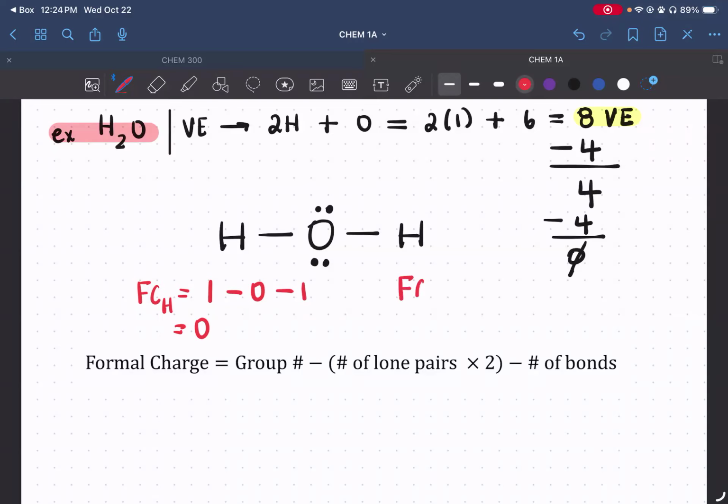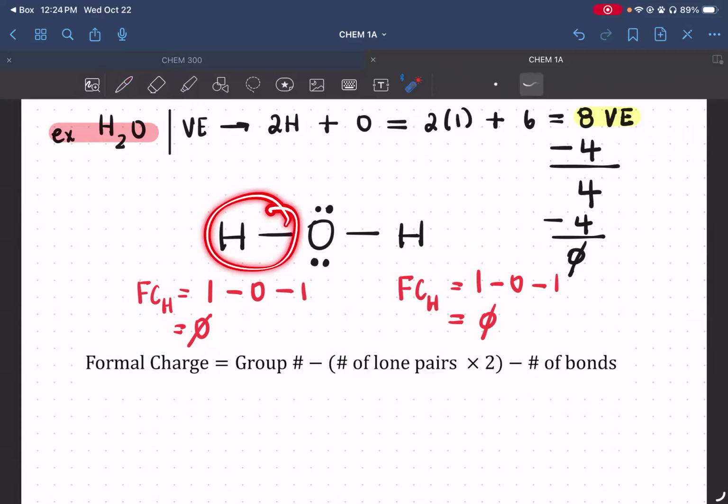If we apply the same logic to the hydrogen on the right, to no one's surprise, it's almost the exact same set of numbers. Hydrogen is in group 1. The hydrogen has 0 lone pairs, and the hydrogen has 1 bond. The formal charge here is also 0. That gives us something important to recognize.